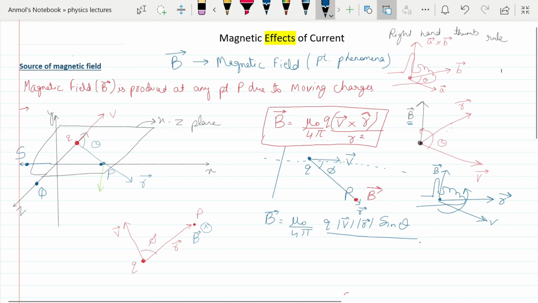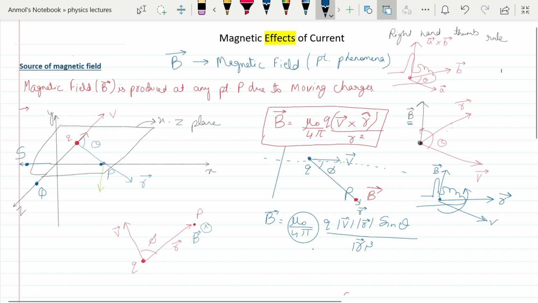And if you check here, I have taken the unit vector. To compensate that, I need to put R squared here. That means one R was extra there, so that will be compensated by this. So it can be written like this also.